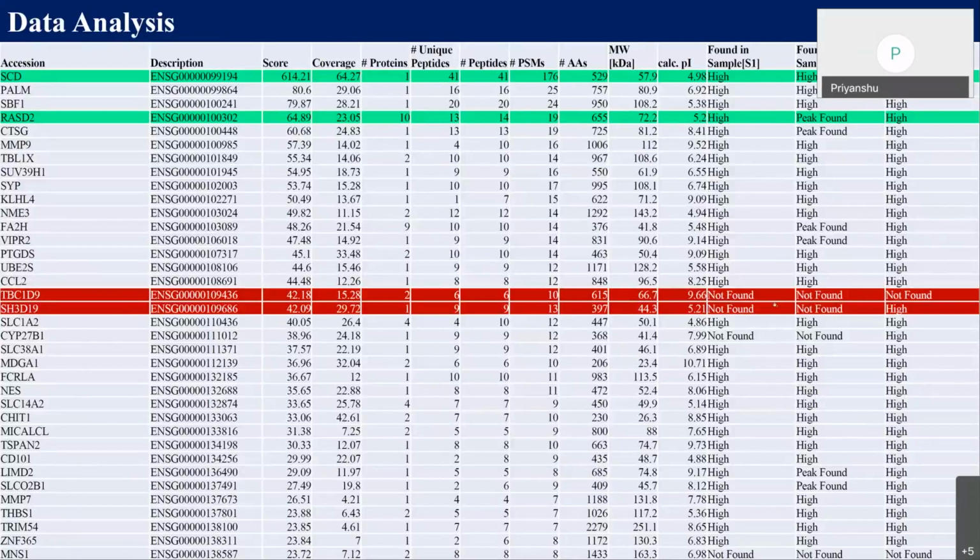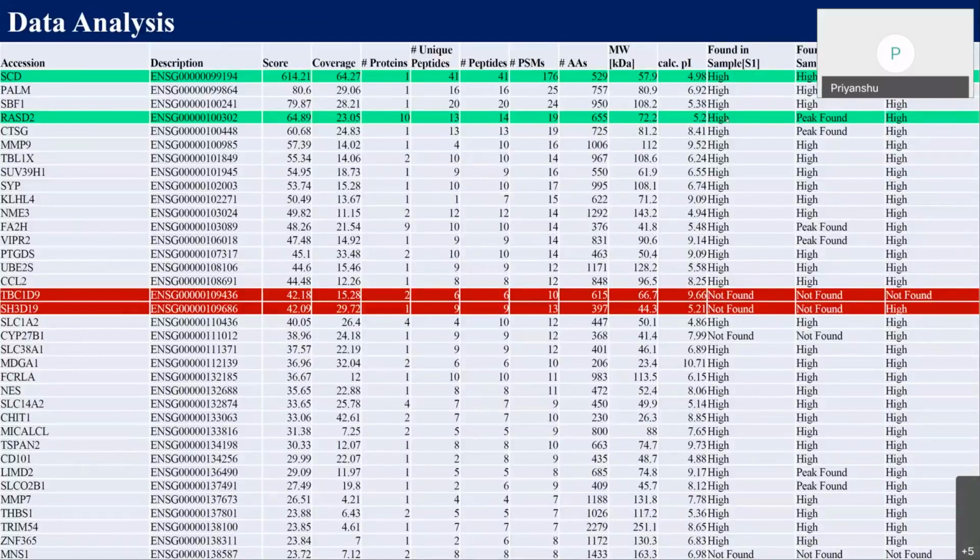When we go down, we can see that there are other factors which are not present in any of the samples, so you can remove them. Then you can see there are some proteins which are present in one sample but not in the other samples. You should remove these as well. After that, there are some factors like here in which two samples have high peptides and one sample has a low peak.